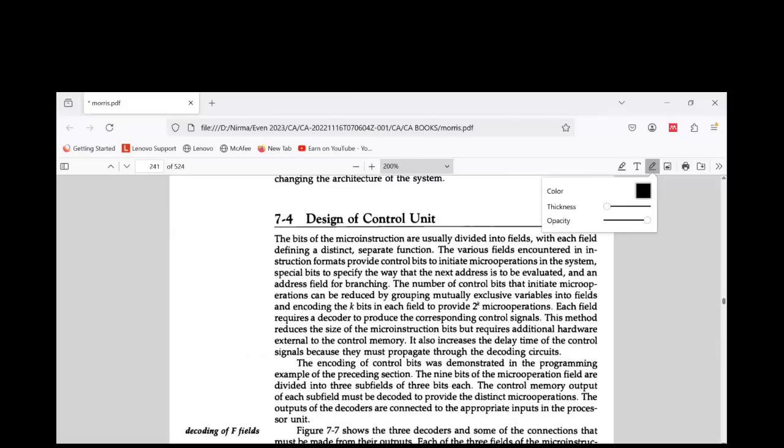You all remember how we performed the design of control unit in chapter number 5. If you had an instruction like M of AR to DR, and you were asked to design the control unit for memory, what did you do?